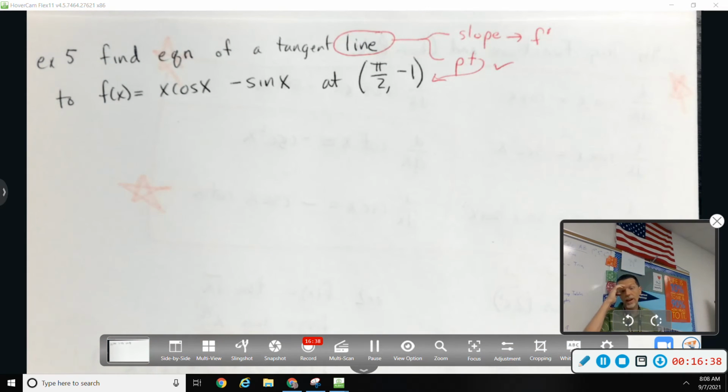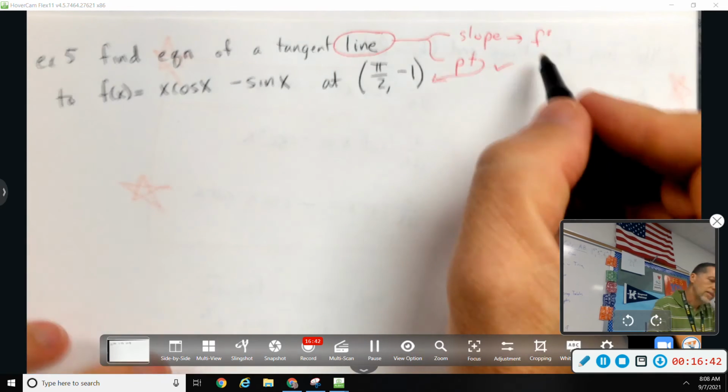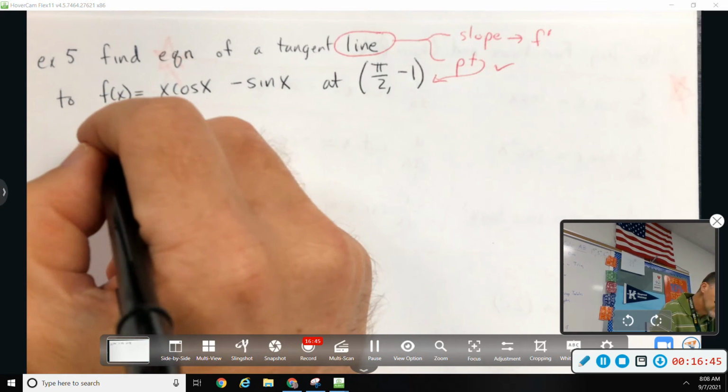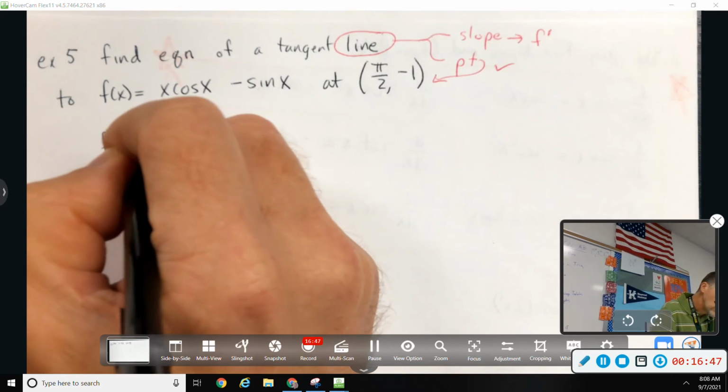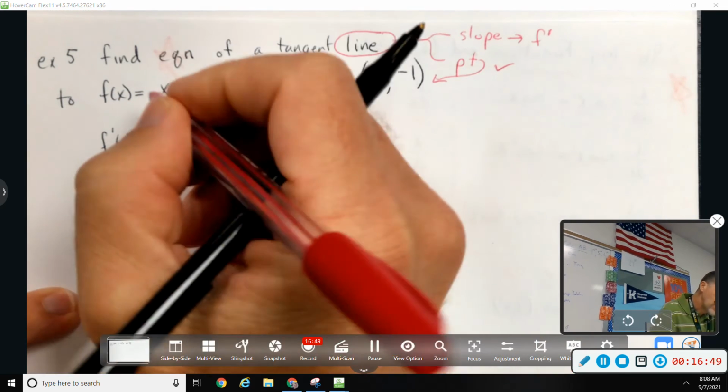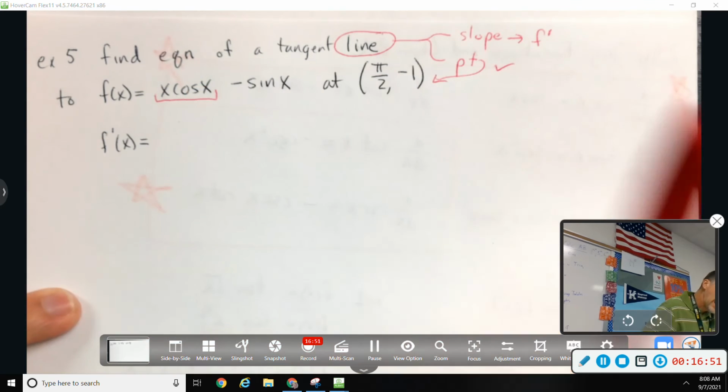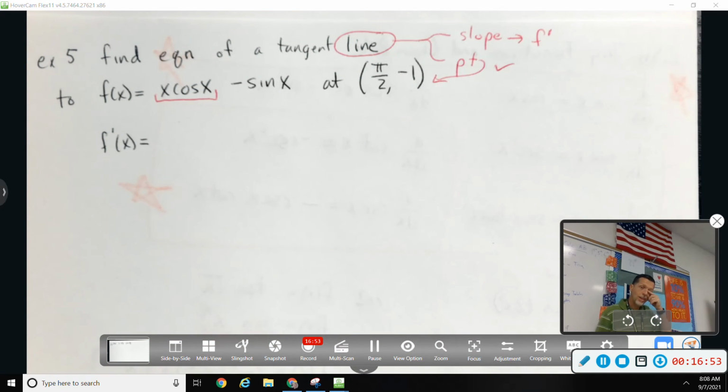So in some ways I'm halfway done because they gave me the point, but the slope will be the harder part. So f prime of x. How am I going to have to do x cosine x? What rule is that going to require? Product rule.